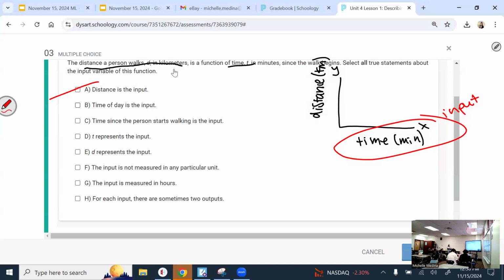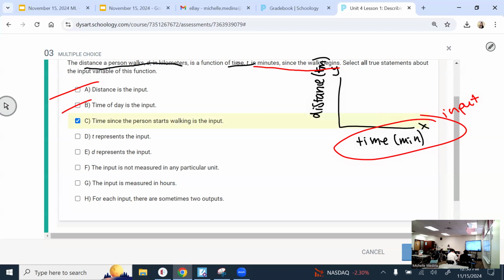Time of day is the input. I would say no, because it's time in minutes since the walk begins. So it's not the time of day. So don't pick that one. Meant to trick you. C, time since the person starts walking is the input. Yes, true.